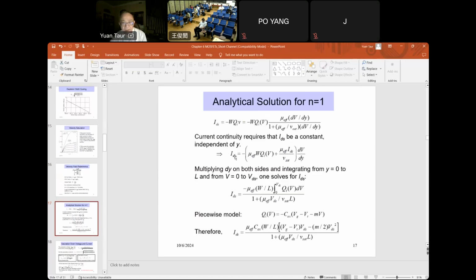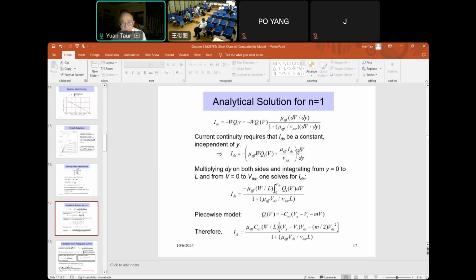Now we can multiply dy over and then integrate on both sides. IDS is constant, so integration with dy is simply multiplied by L. In this side, integration with dV is simply multiplied by VDS. In this case, we have an integral of a QI dV.